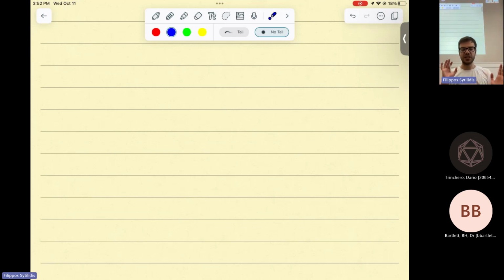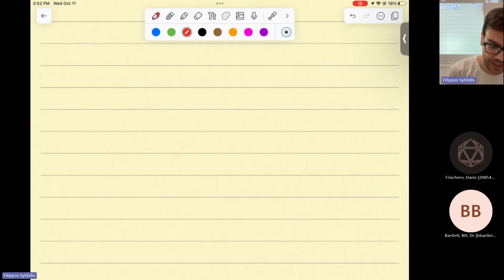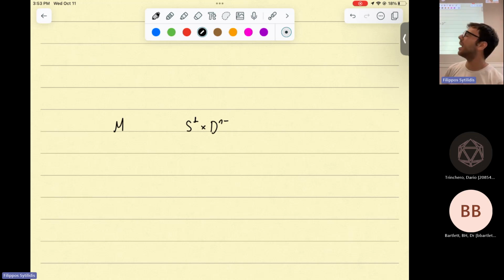So if you haven't seen surgery, this is not going to say much to you, so you can maybe ignore what I'm going to say. But if you have seen surgery, if you give me a manifold M and say that you want to do index 2 surgery in it, I think I want my manifold to be n minus 1 dimensional.